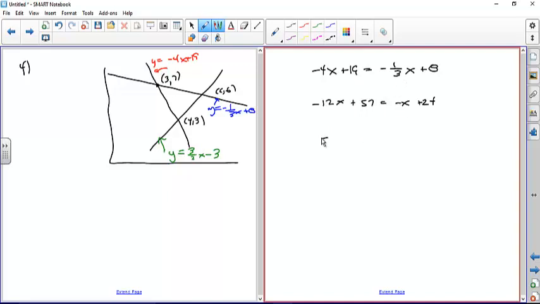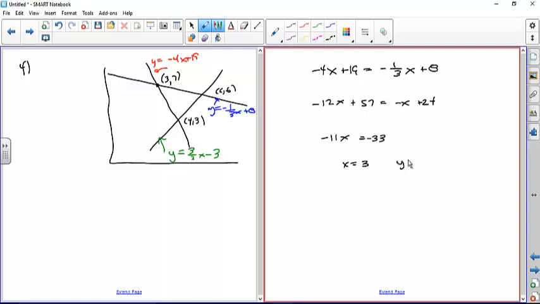Let's go to the other side, become a negative 11x, because you'd add x to both sides. And then this would go to the other side, negative 33, because that's negative 57. So this goes to there, becomes positive. This goes there, becomes negative. Divide both sides by negative 11, you get x equals 3.